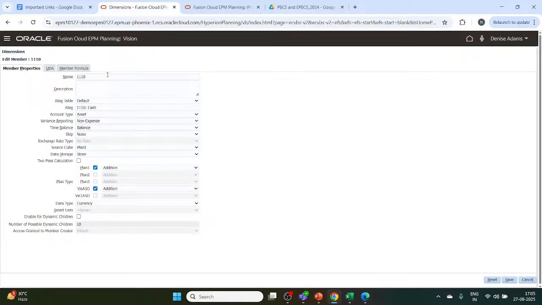Yesterday's session we have revised some of the things under it, like the name, alias, account type, variance reporting, time balance properties, and now we will revise some other things also.